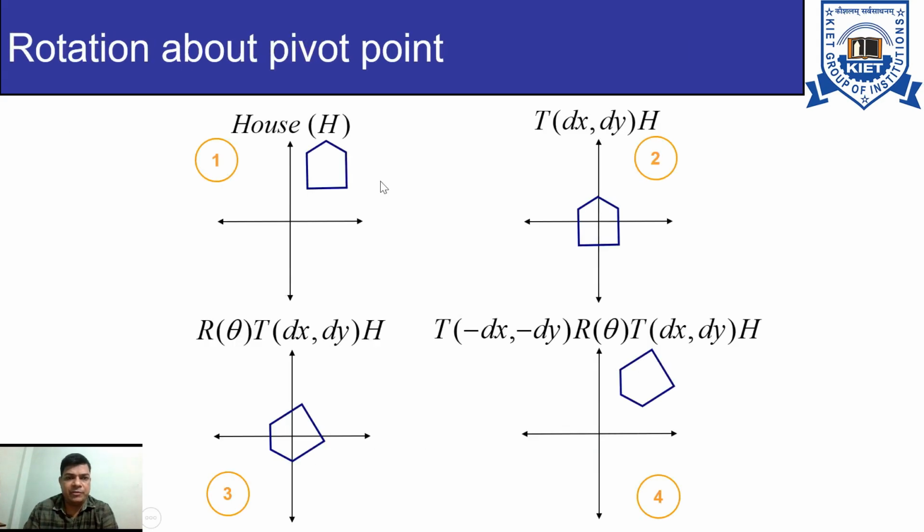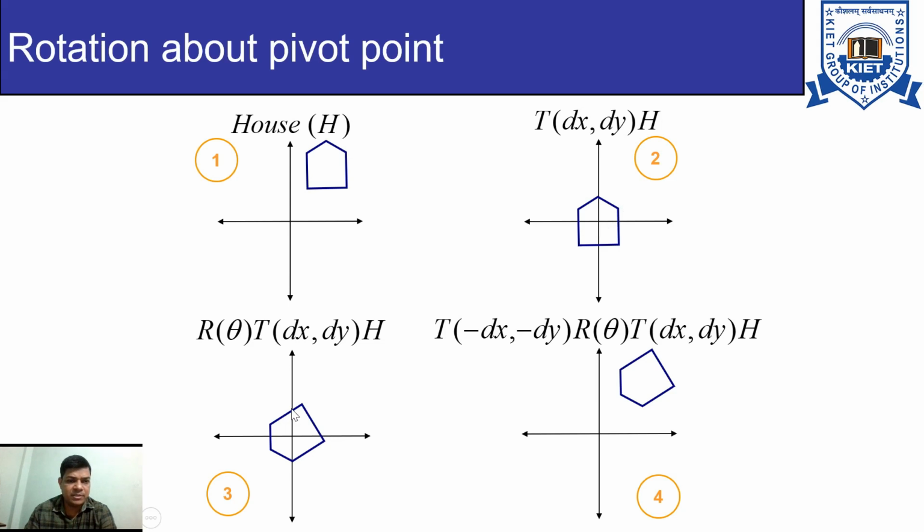You can see in the figure that I have an object H, and I have to perform rotation of this object about the pivot point. In the first step, I am translating this object to the origin.